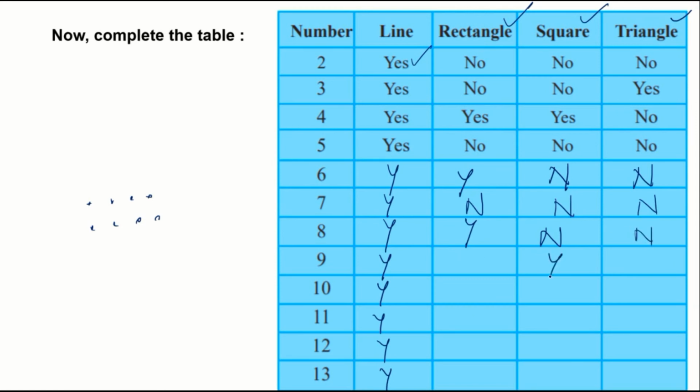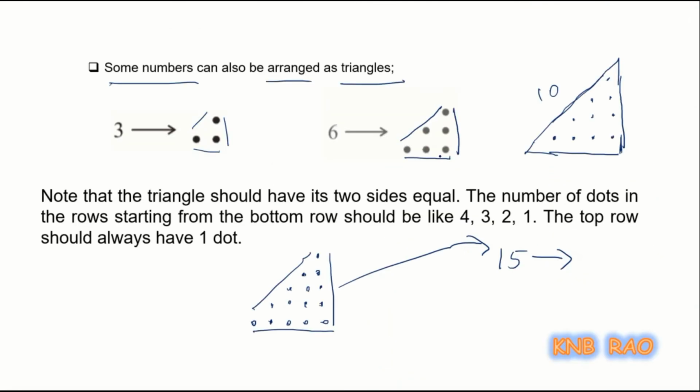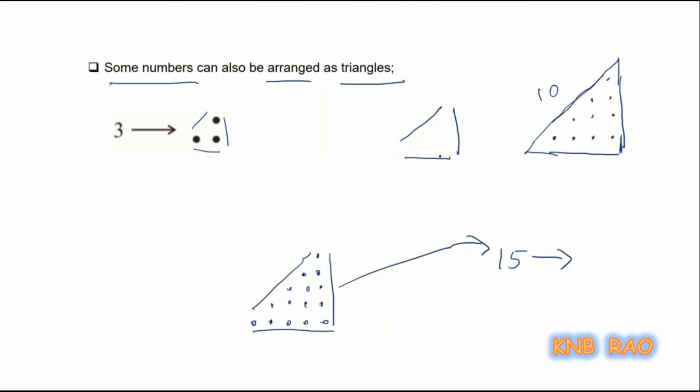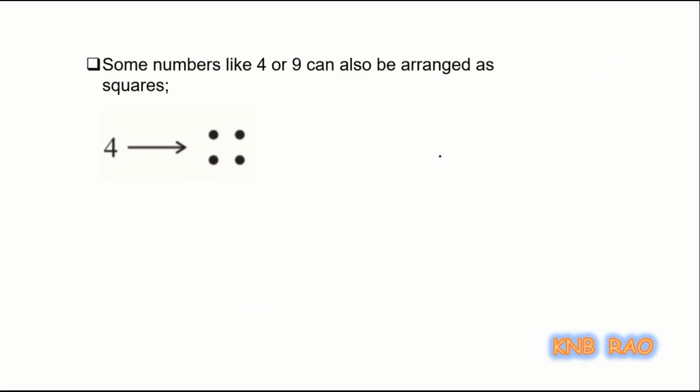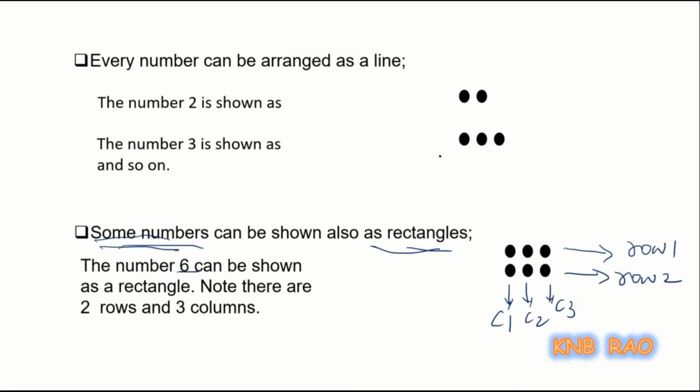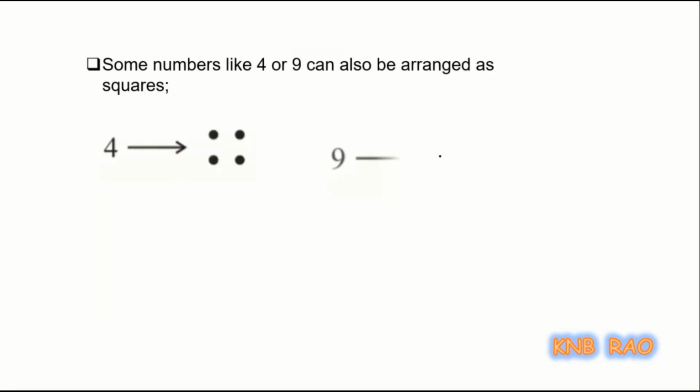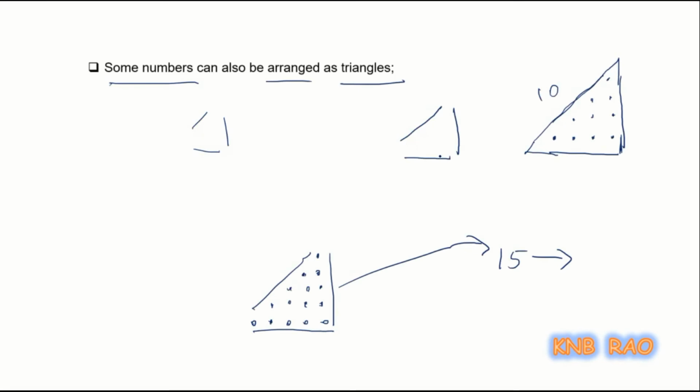9 can be arranged as a square. And can it be arranged as a triangle? Just now you saw 6 arranged as a rectangle, 6 arranged as a triangle.